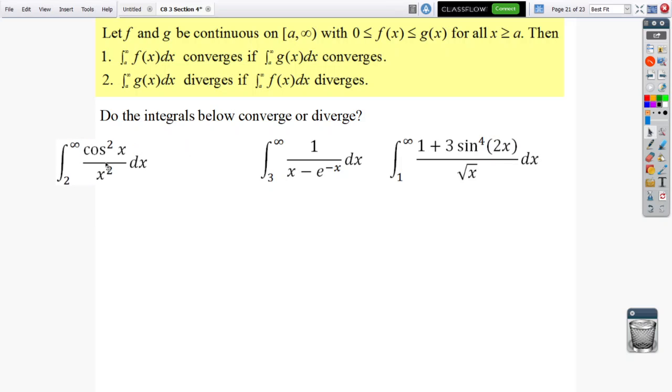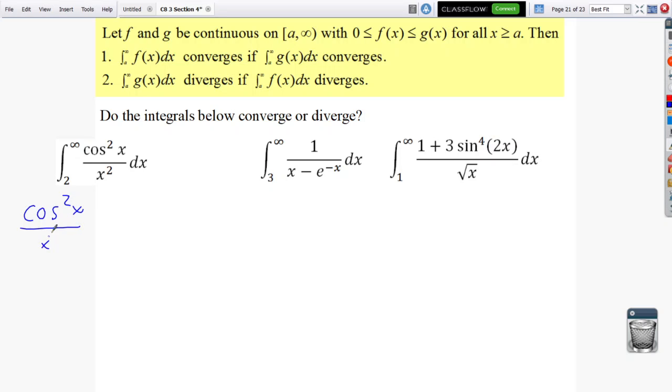Let me just show you in context how this works. We have the integral from 2 to infinity of cosine squared of x over x squared. We are going to take the integrand, cosine squared of x over x squared, and compare it to a much simpler p-testable function. Now, in order to compare fractions, you have to think of two things. If you increase the numerator, you increase the quantity of the fraction.